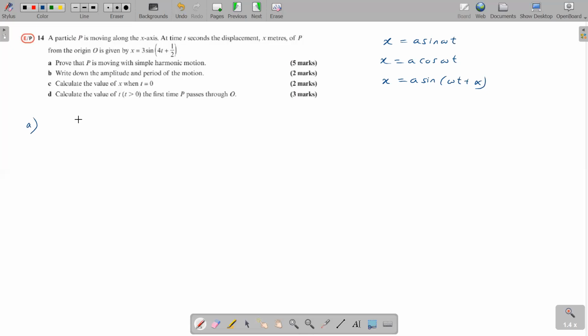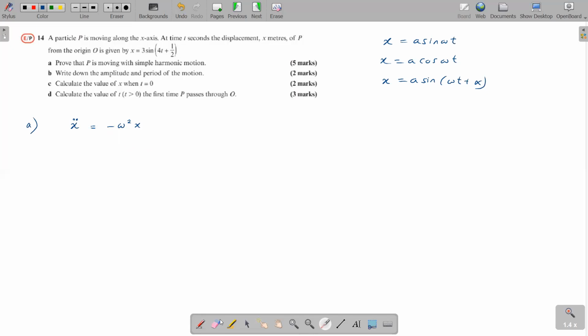So if the acceleration obeys the format minus omega square x, that means the particle will move in SHM.